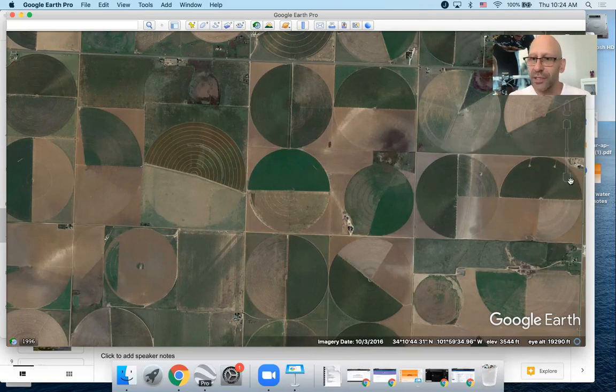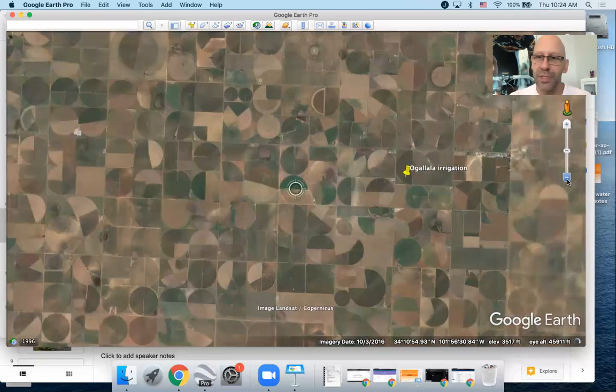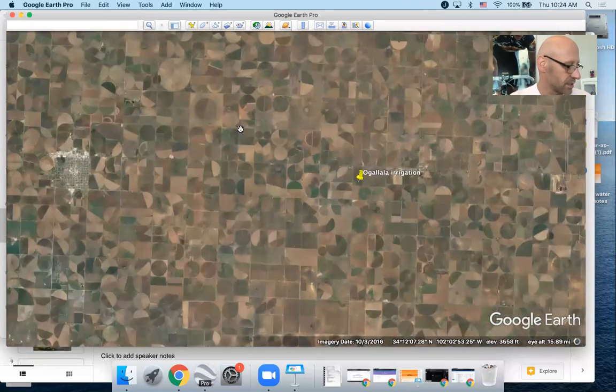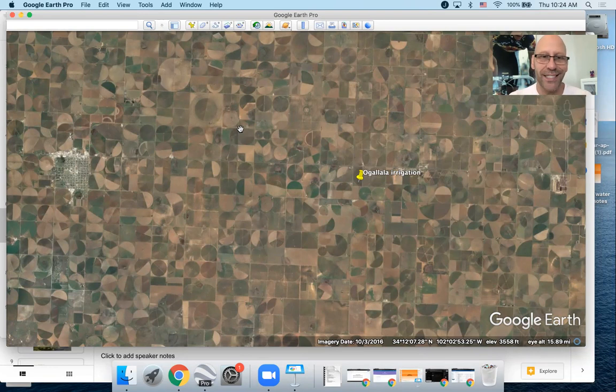Now here's where it gets impressive. Unfortunately, I don't know if you're going to be able to really see this, but I'm going to go slow and just see if you can see this. So here's where it gets impressive. All of those circles are connected to the same aquifer, and every day they're spraying water.